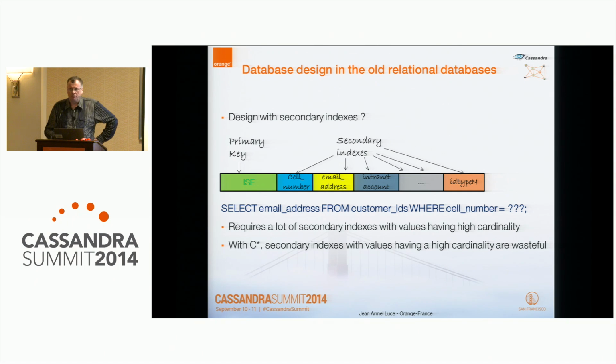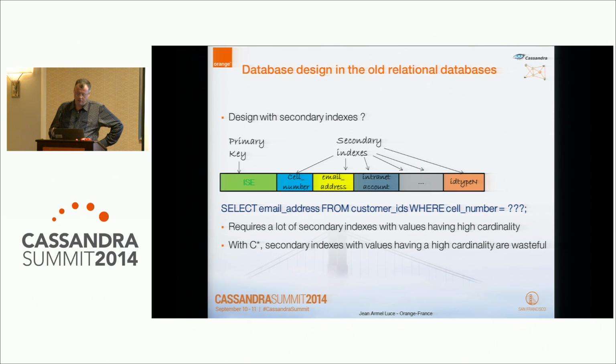When we were using relational databases, we were managing the identifiers of our customers in one table where the primary key is the IAC. IAC is a kind of identifier. And there was one column for each kind of identifier.